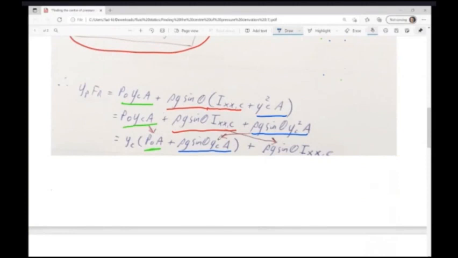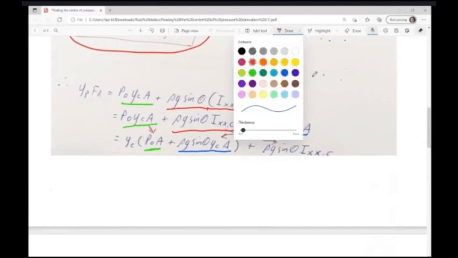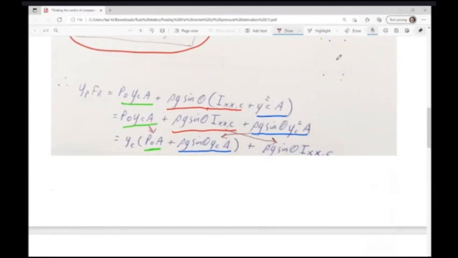I've simply factorised those and taken yc out of both of those terms. So yc times that gives you the green term, yc times that gives you the blue term, and then the red term shown at the end here, we've got rho g sine theta Ixx around the centroid.